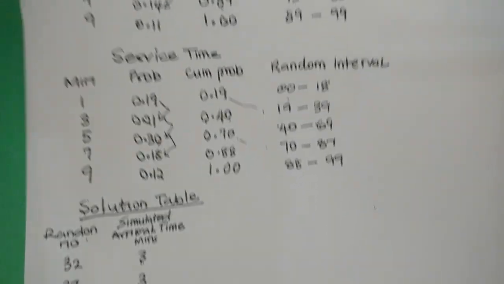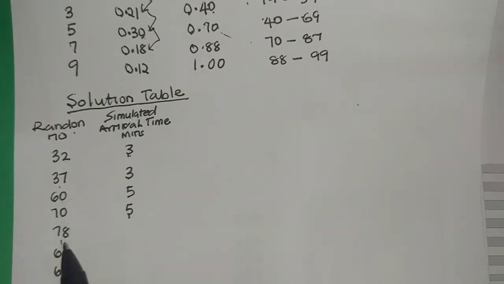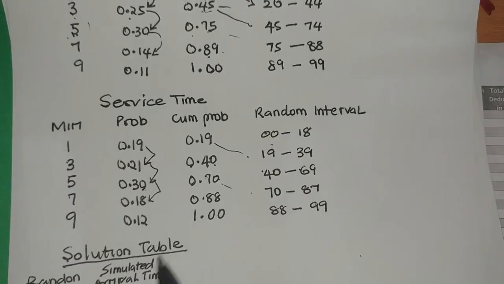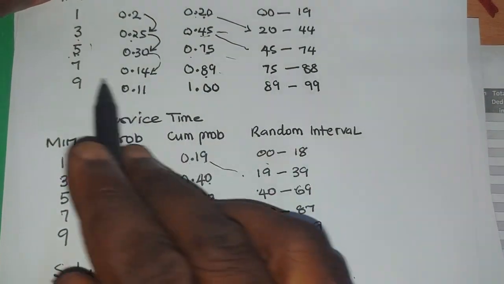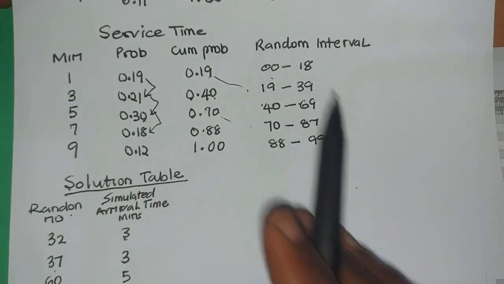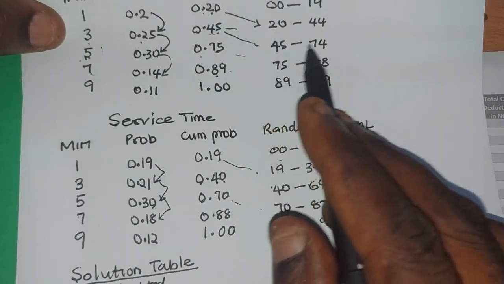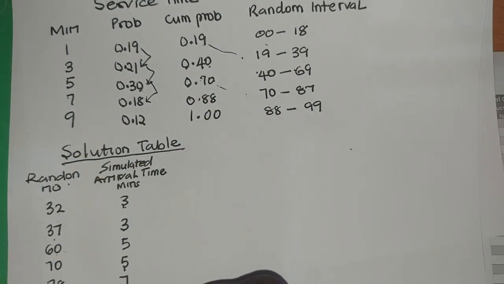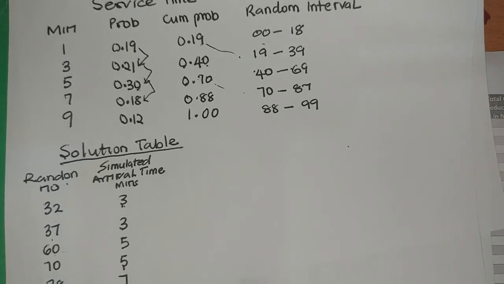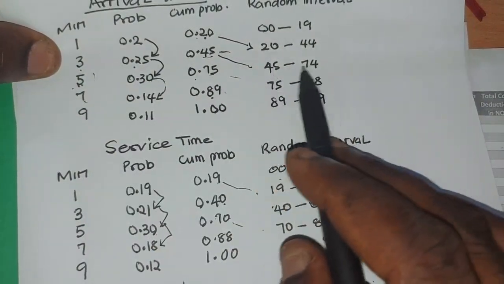For 78, it falls within this interval, and the corresponding minutes is 7. For 61, it falls within this interval, and that is 5. For 63 is also 5. For 53, the corresponding is 5.